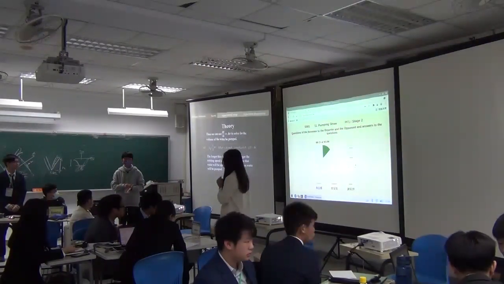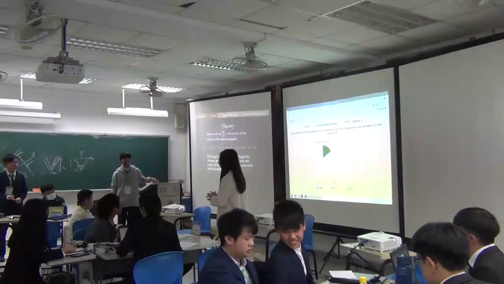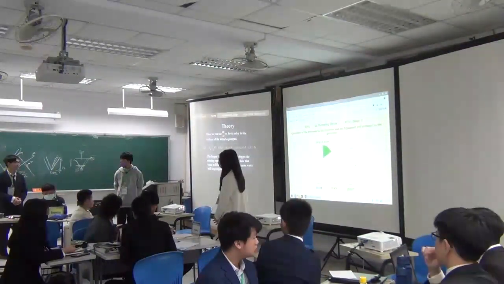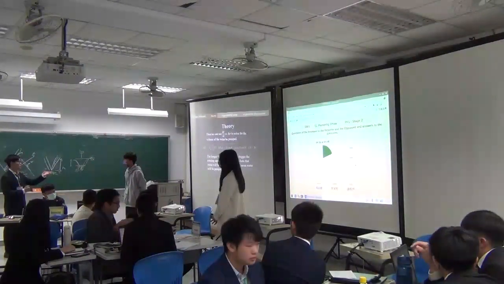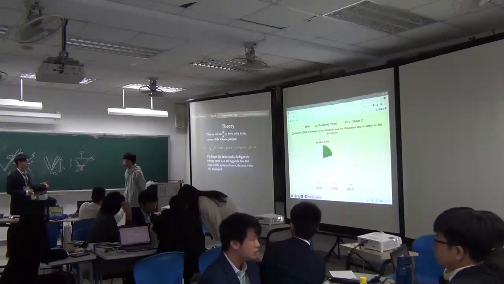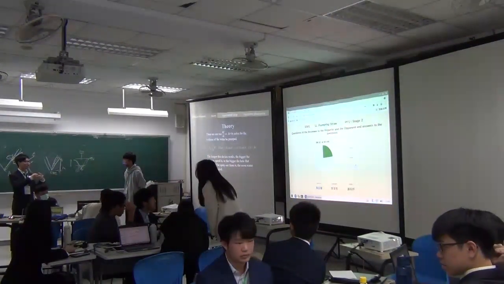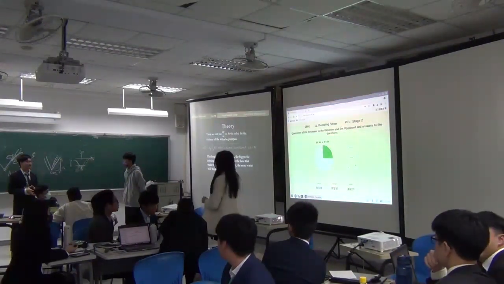We think it won't affect. Okay, and I want to ask the opponent, do you think that this will affect the experiment? Of course, it will affect the experiment. In your report you have talked about friction that may be caused by the water. And between water particles, there's also friction, and we call that viscosity. Yes, okay, there will be an effect.